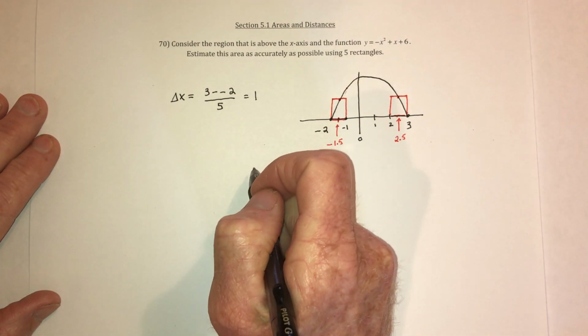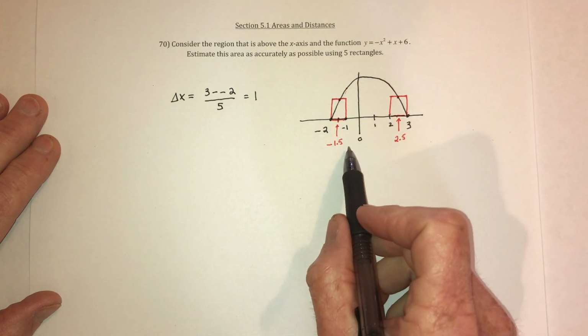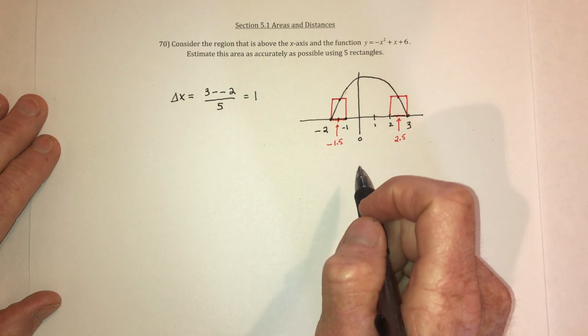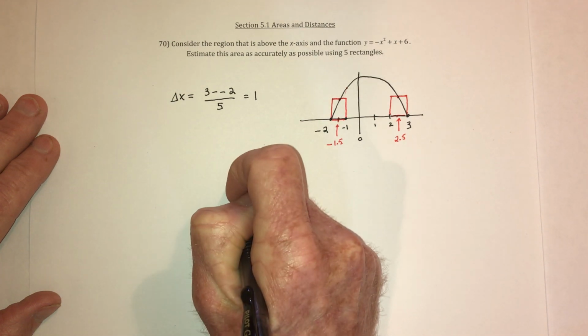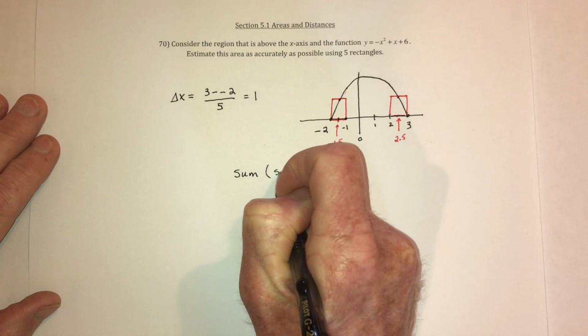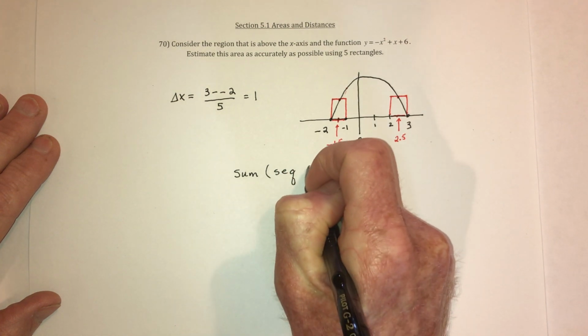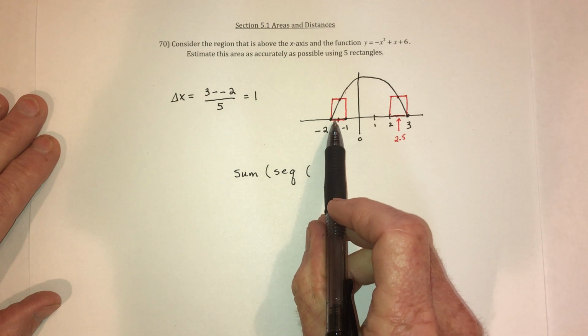So I could do that by hand and actually plug in all of these decimals into the function. Or what I could do is have the calculator do it. So I'm going to have the calculator do it by using sum, the sequence. And then you have to tell it the area of each rectangle.